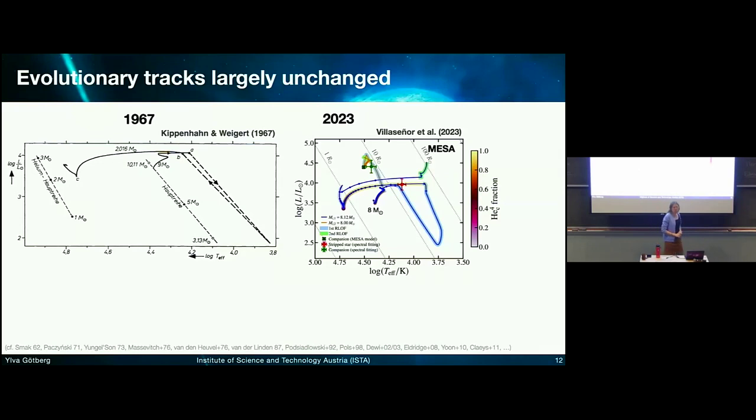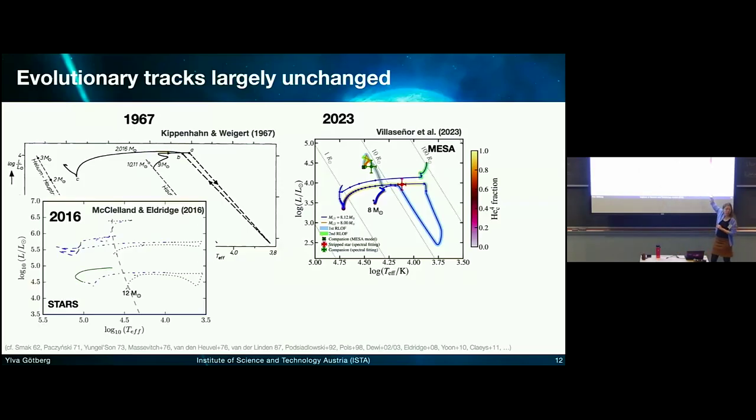So if you look at these strip star tracks, we can definitely recognize similarities. There has not been super much difference. Maybe you can see that they avoided a bit the Roche-lobe overflow here in '67, but honestly, the guess was not so bad. The Roche-lobe overflow can look a little bit different. For example, here is a model from STARS made by McClelland and Eldridge, and they have the Roche-lobe overflow here.